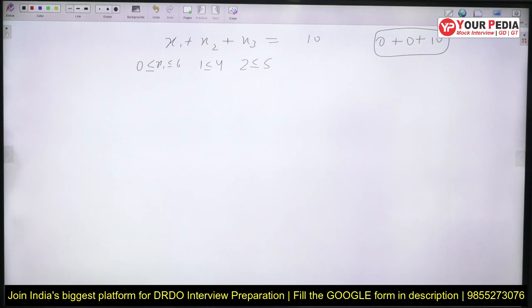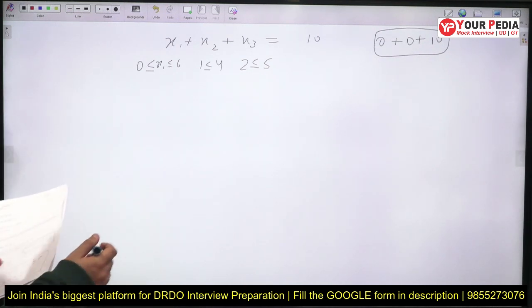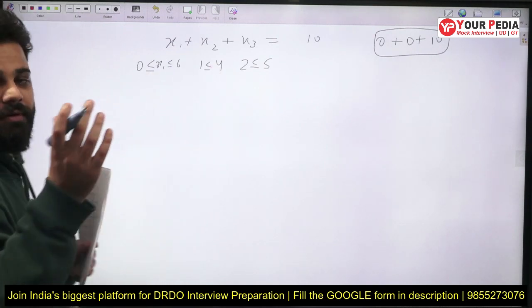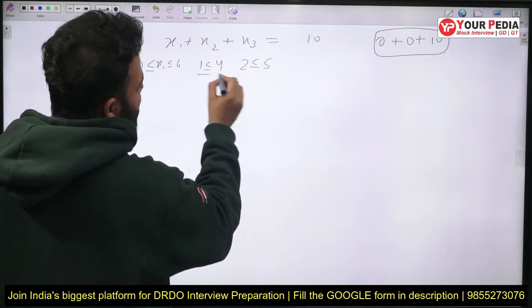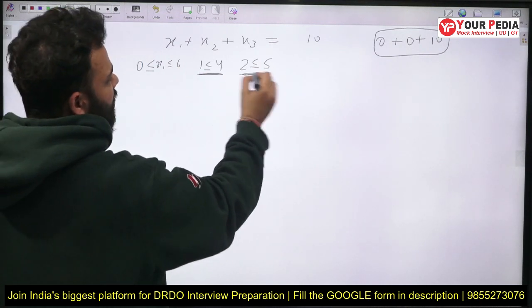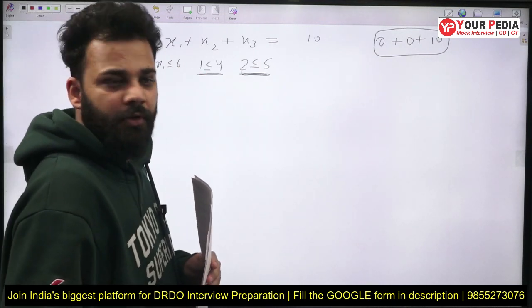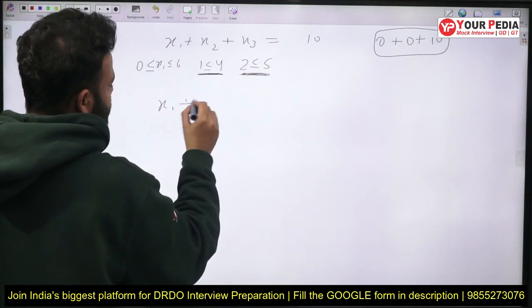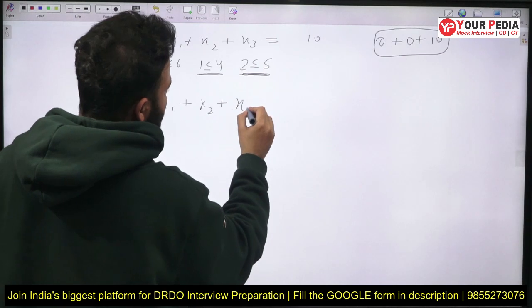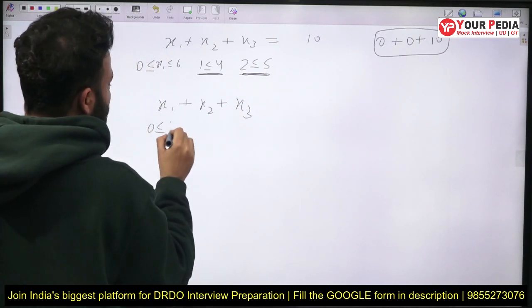So what we will be doing is we will be applying the generating function in order to solve this. Now the constraints, let's first correct the constraints. We need all of them to start from 0. So what we will be doing here is we will be adjusting the constraint. So how to adjust the constraint? 0 to 6 here.